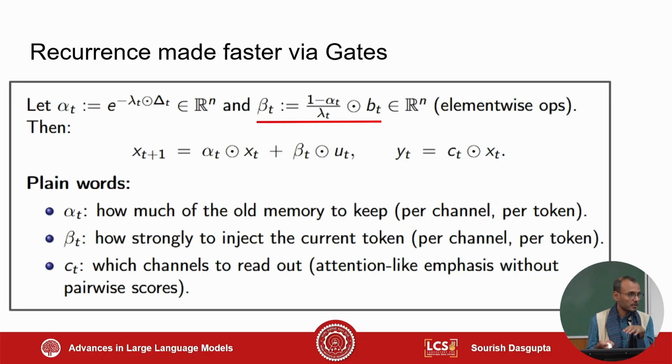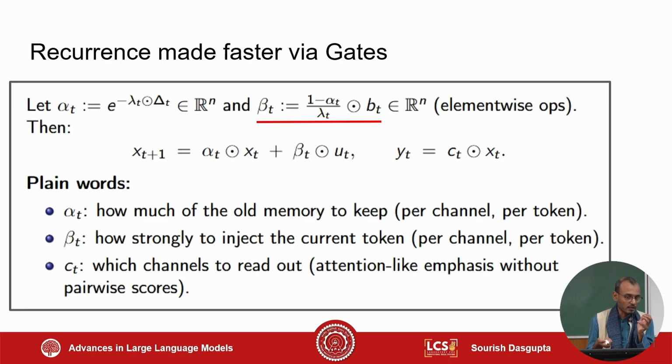Simple. This portion is simple. It looks very close to something like GRU or even LSTM. So x t plus 1 is basically a forget gate applied on the previous xt, and the update gate applied on the current ut.